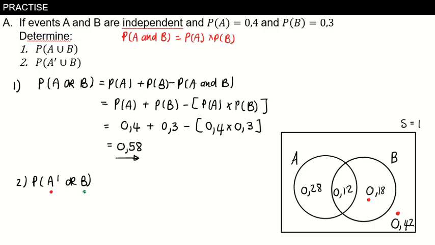Then B is everything that's part of the circle of B. So it's 0.12 and 0.18. Now we want red or green or both. That's how the or works. Red or green or both. So in this case, it's the sum of 0.12, 0.18, and 0.42. And this would give us 0.72.